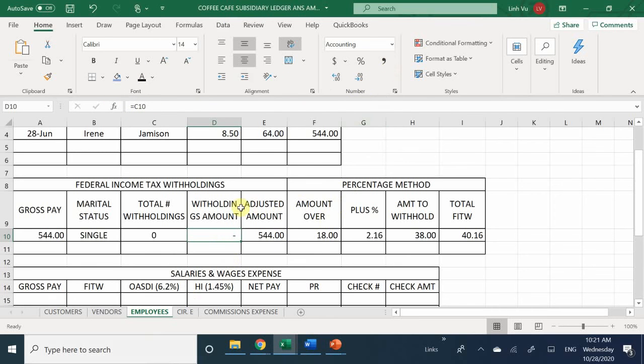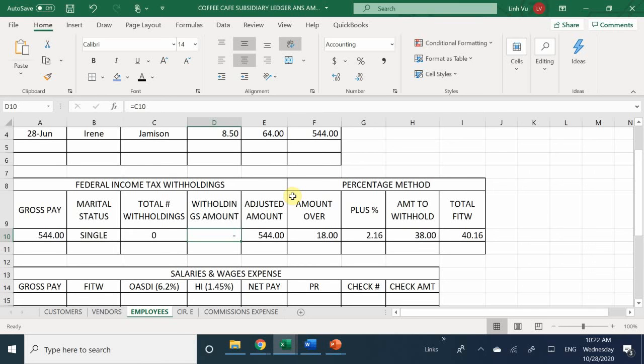The adjusted amount is the 544 minus the withholdings amount, which in this case, because she didn't claim anything, is 0. That means her total amount that could be taxed is $544. We looked it up on the table and found out that her bracket is the 12% bracket.